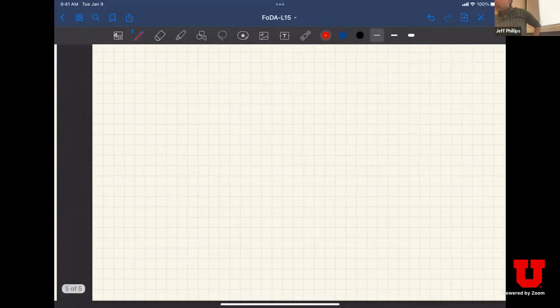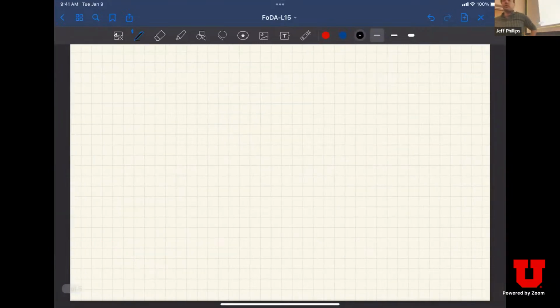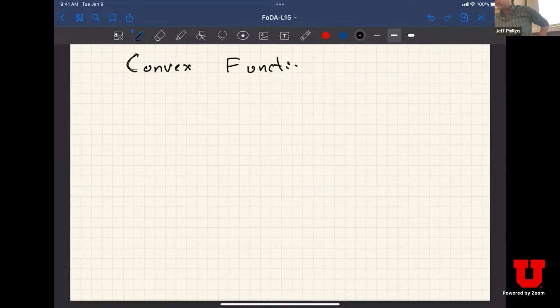Okay, the main tool we're going to use to try and avoid a lot of these situations is dealing with what are called convex functions.